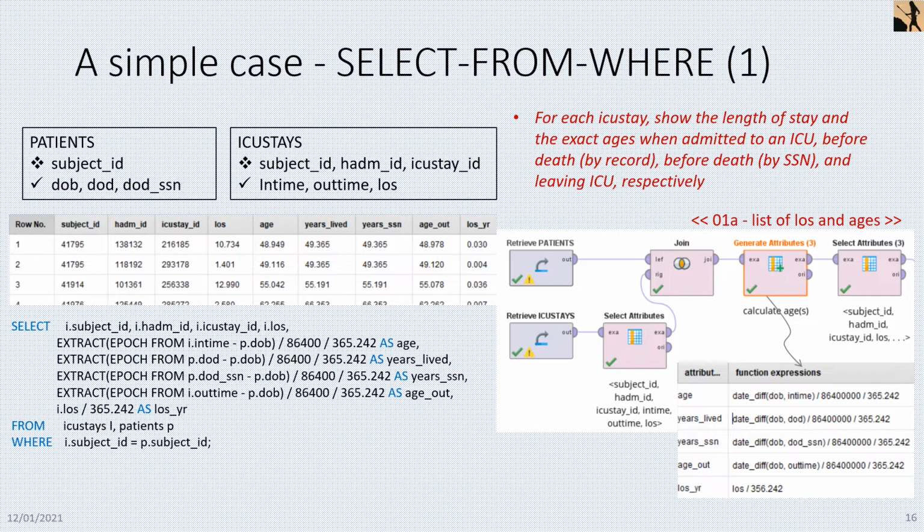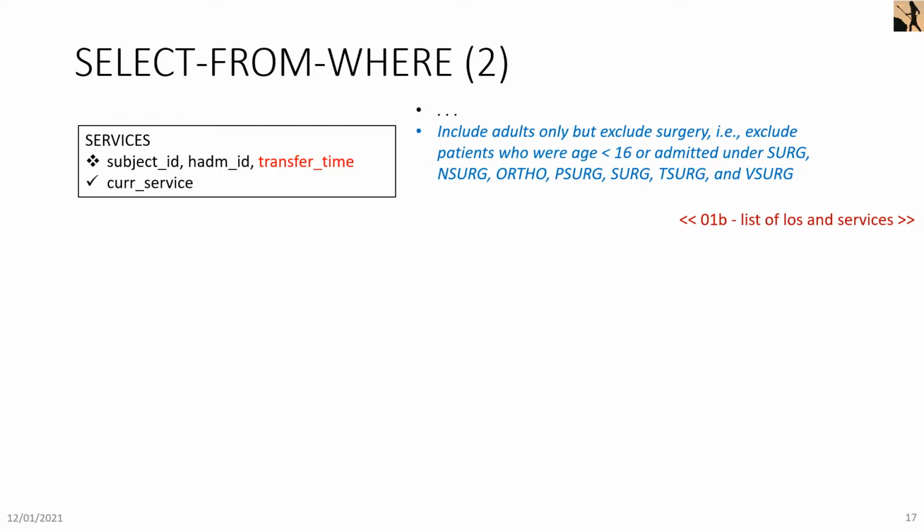Once we get the number of days, we divide by 365 and a quarter, and that becomes the number of years. So this can be easily done, and we have this process included in the repository. So now, move on.